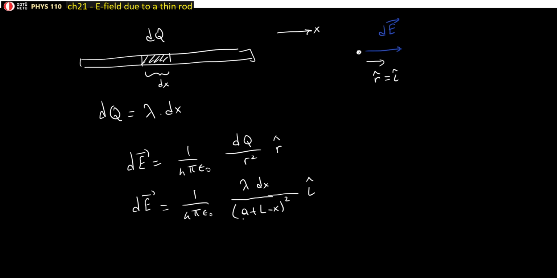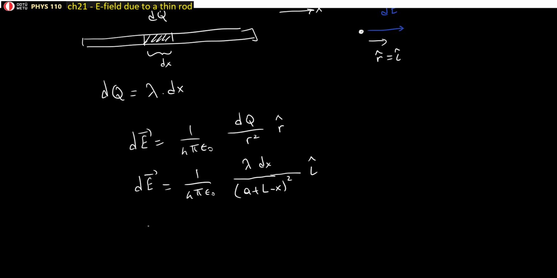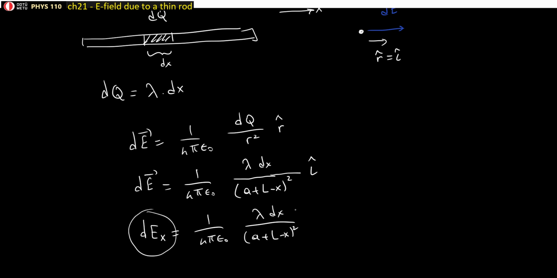Okay, so I'm going to rewrite this thing down again. Instead of doing this, I could also write down the x component of the electric field. It's going to be the same expression again, actually, but without the unit vector appearing in here, and without a vector expression appearing on the left-hand side. So the x component of the electric field is basically given by this expression.